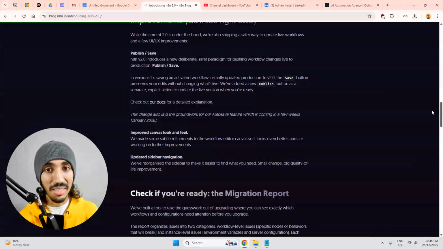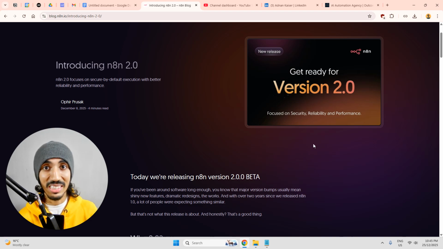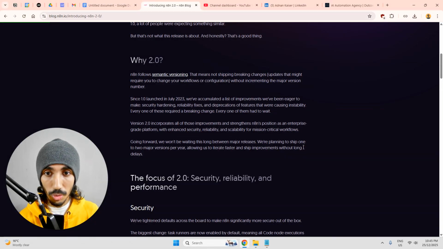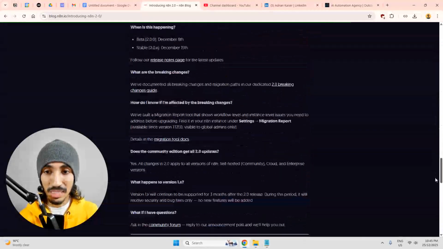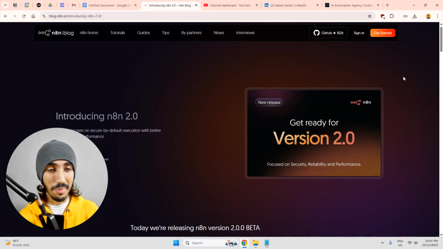I have to check out the migration docs because you do not want to break any working workflows. They have introduced some breaking changes, so I do not know about it yet. I have to study a little bit. I mean, I have started working with n8n for around 9 or 10 months at this point, but I know there are many people who were working in n8n much before that.